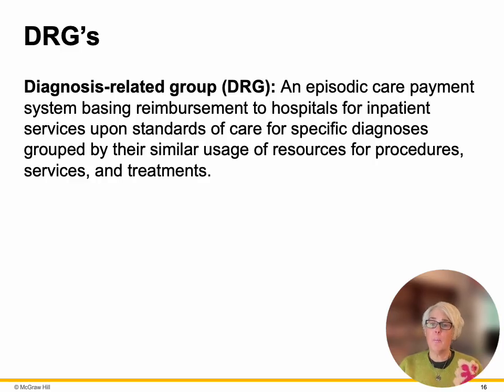A patient with pneumonia and no significant comorbidities might fall into a lower severity DRG, while a patient with pneumonia plus an MCC, like acute respiratory failure, will fall into a higher severity DRG with higher payment. This is why the quality and completeness of your coding is so important in the hospital setting.